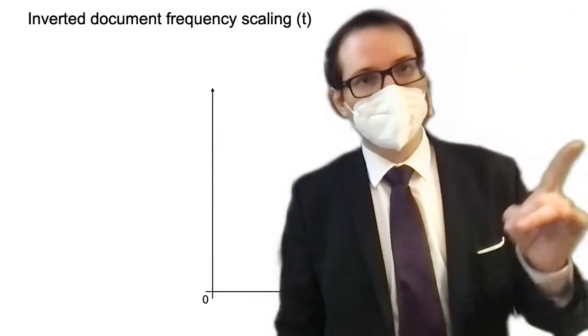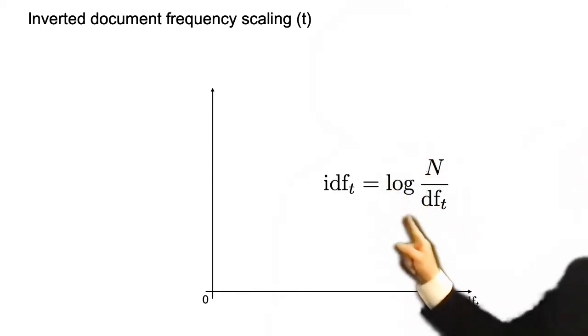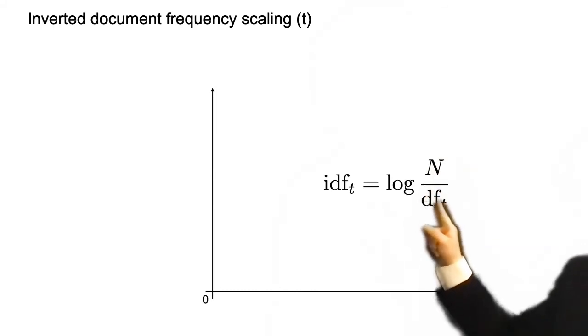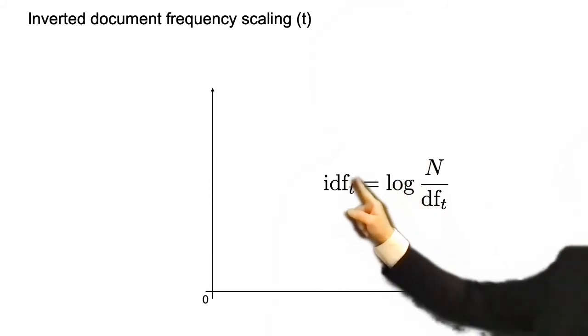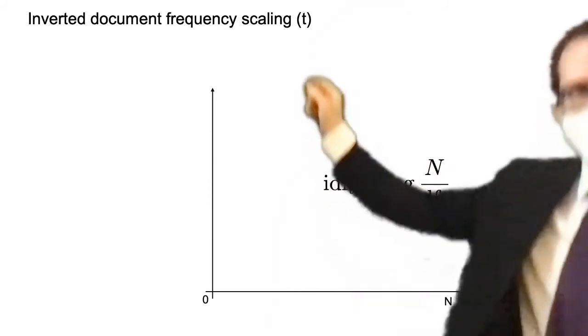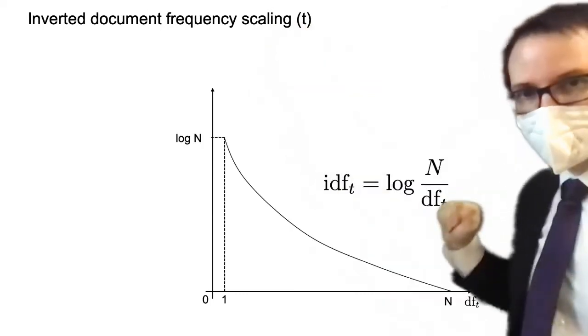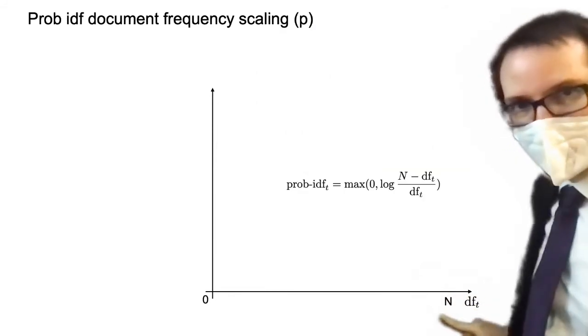Or we use the inverted document frequency. This is the one you already know, right? The logarithm of the maximum number of documents divided by the document frequency. That's the good old inverted document frequency. It's the IDF that we've seen, right? So N if there is none, T if we use the IDF. So this is the IDF, depending on the document frequency.